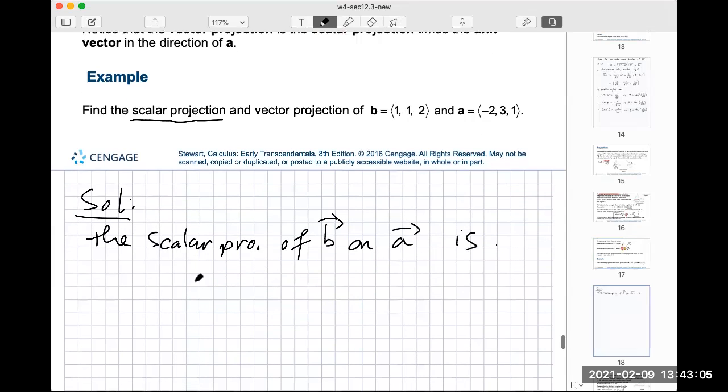So it's easy, right? Let us call it the projection of B on A here.